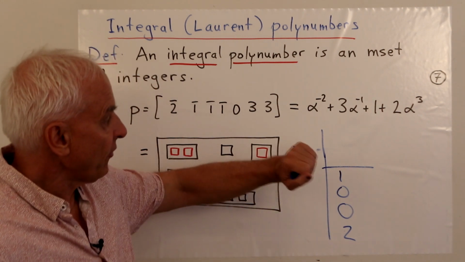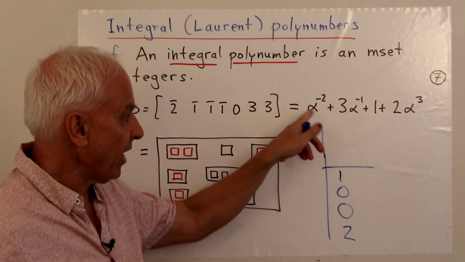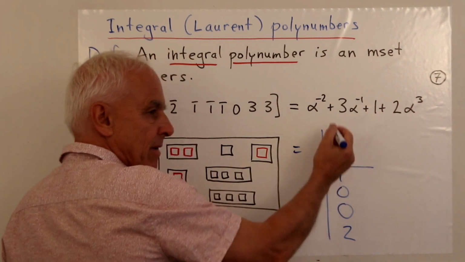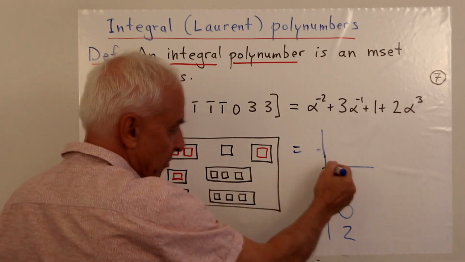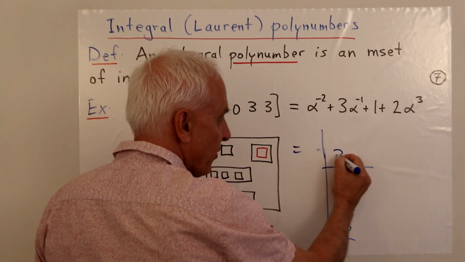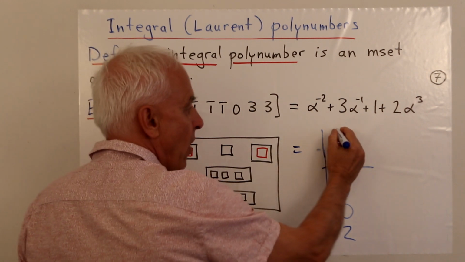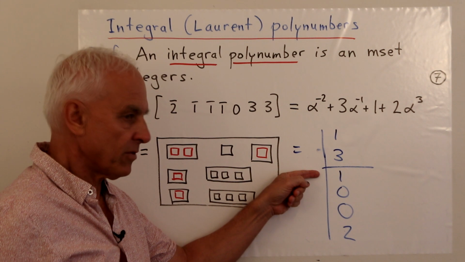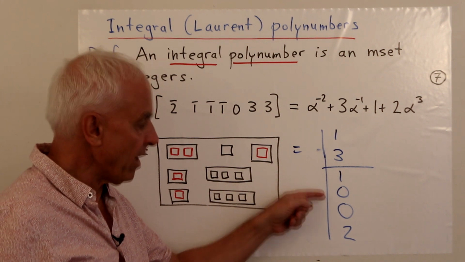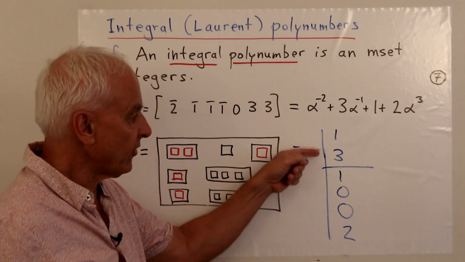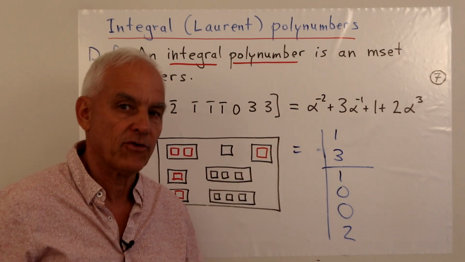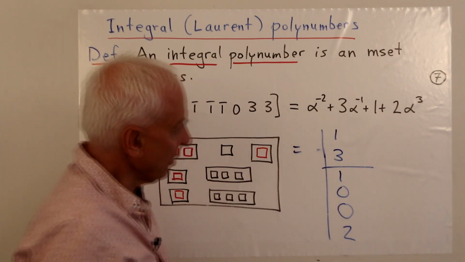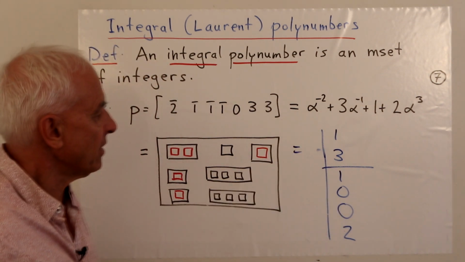But now we also have 3 alpha to the minus 1's and an alpha to the minus 2. So we can represent that by going in this other direction, going up from this bar here. There's 3 in this position and 1 in this position. This is the alpha to the 0 position, alpha to the 1, alpha to the 2, alpha to the 3. This is alpha to the minus 1, and here's alpha to the minus 2. So this is consistent with what we were doing previously, but we're going in a different direction.